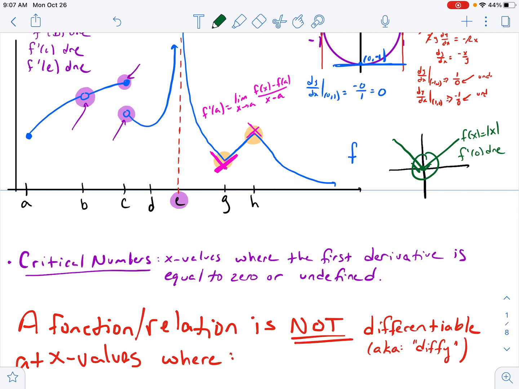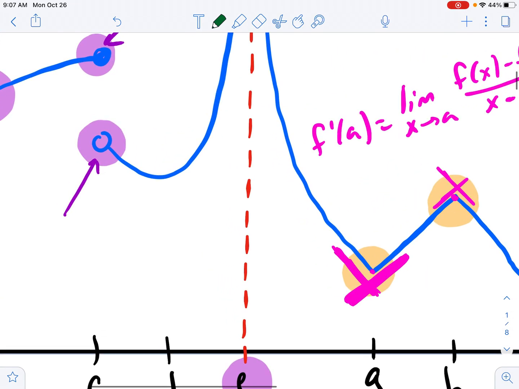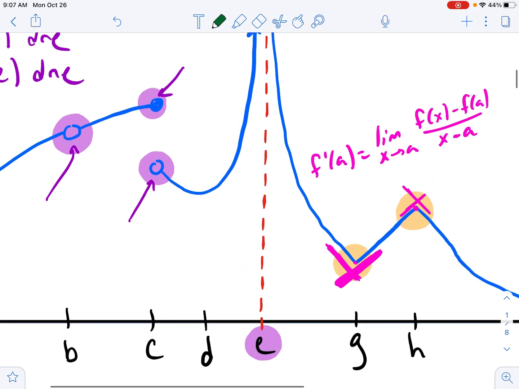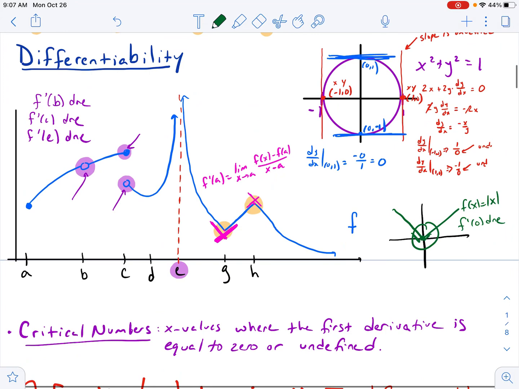So sharp corners. Smooth curves are fine. This is a slope of 0 at the bottom of this. We don't have a sharp corner coming in. Here the slope is negative, then it's zeroing out, and now it's becoming more positive. Slopes are coming together here. So regular curves and polynomials are fine. Sharp corners are what we look out for.